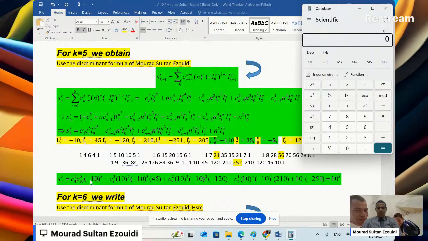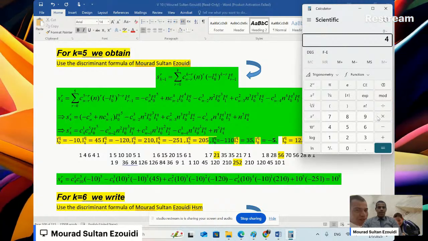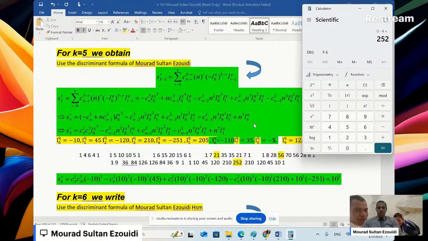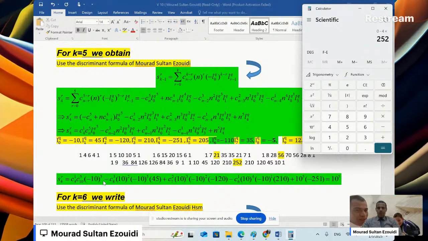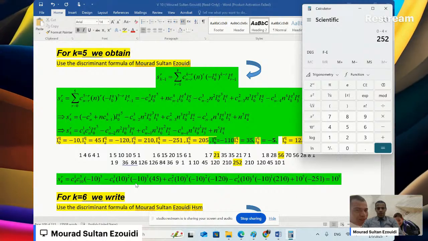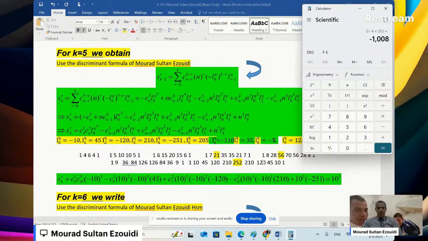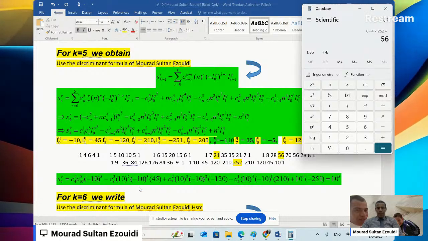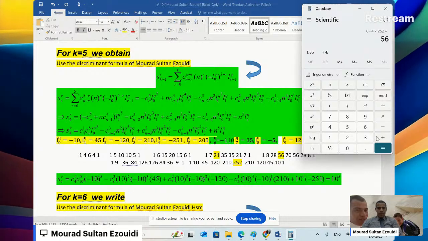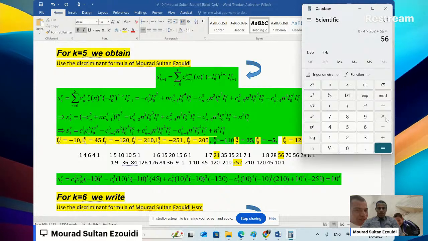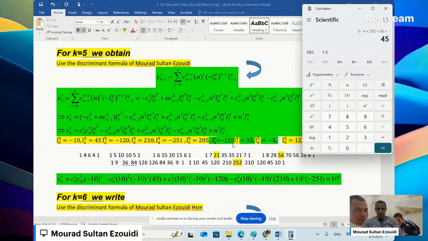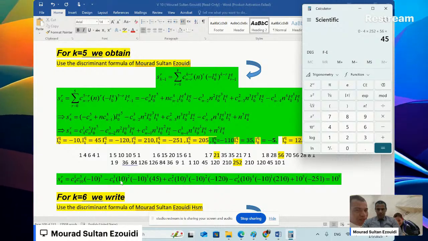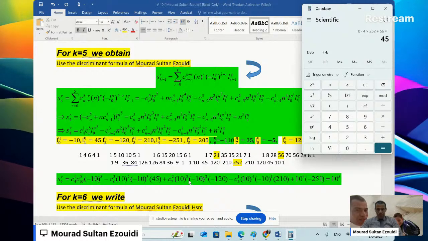I will make negative 4 multiplied by 252. Why? Because 10 to 5 is 250. Minus multiplied by minus equals plus 56, multiplied by 45, multiplied by 45. Then this one will be positive, negative, positive. So this one will be negative.